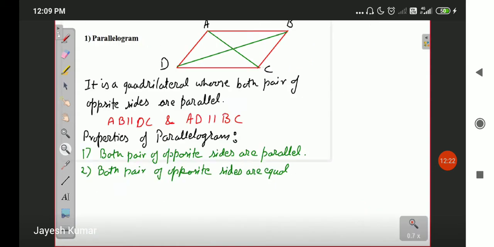It means that your line segments AB and DC are equal, as well as AD and BC are also equal. Moving on. Third, both pair of opposite angles are equal.